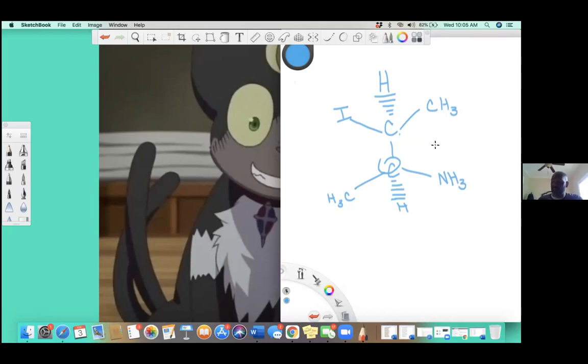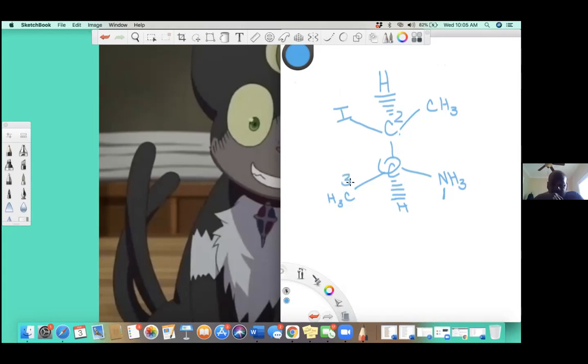So let me do the bottom. Put a 1 right there on nitrogen. Then 2 is going to be the carbon up top, the one in the middle, because that's what's attached to your chiral center. The other carbon down on the bottom left is going to be 3.